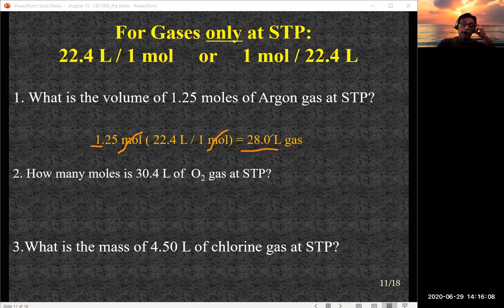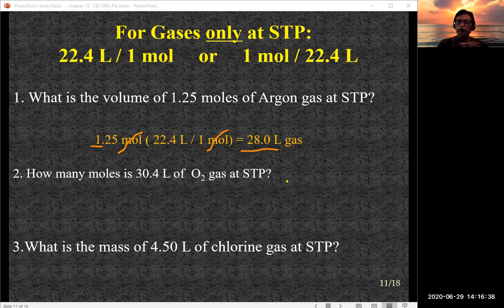All right. Next question. How many moles is 30.4 liters of oxygen gas at STP? Okay. And so look at the problem you're given. It's 30.4 liters, which is a lot greater than 22.4 liters. So I can probably make an educated guess here and say my answer should be greater than 1 mole, because I know that in 1 mole there's 22.4 liters.